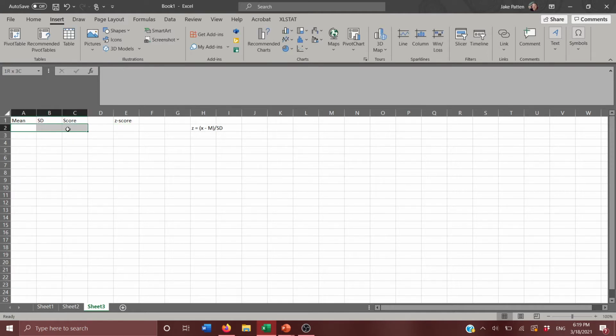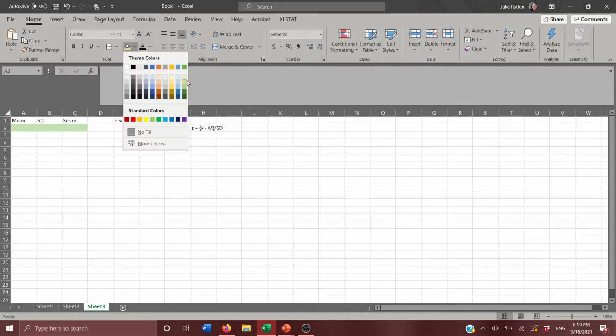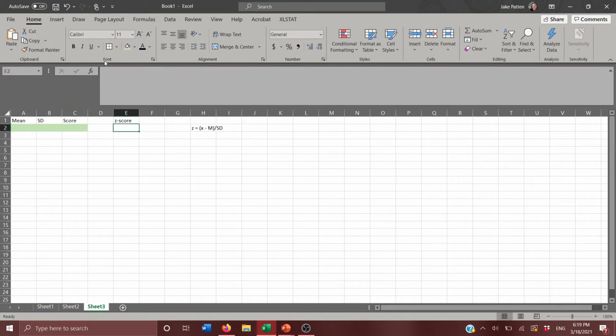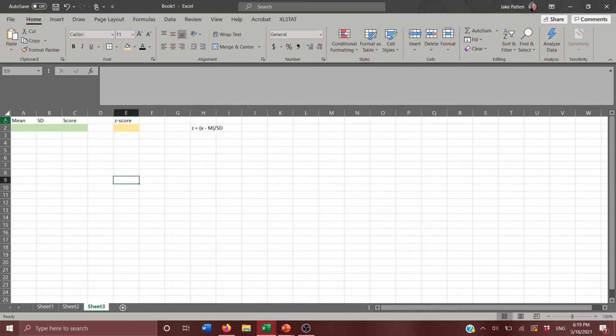All right, like always, I like these to be green. And this one to be yellow. All right. So, what do we want to put in here? Let's put in 65 as the mean. The standard deviation is, I don't know, 3.5. And the score that we're working with is 68.5. That's one standard deviation up.